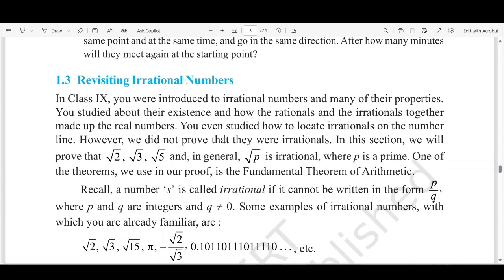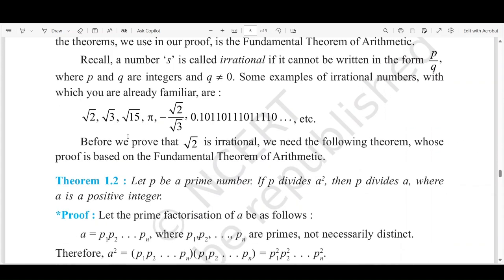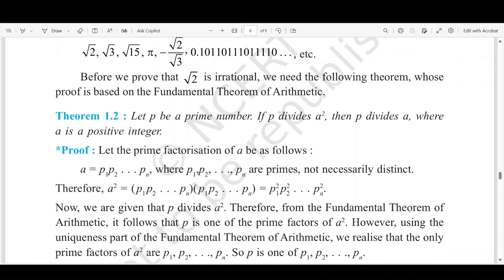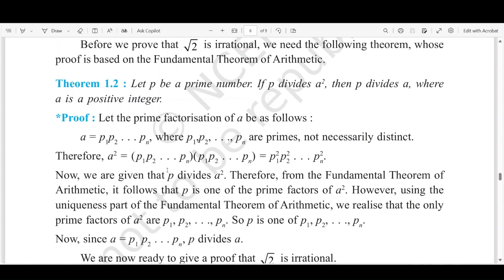Let us move on to the next section 1.3, which is nothing but irrational numbers. Already we have discussed in detail about the irrational numbers. So let us move on to the theorem 1.2, which states that let P be a prime number, if P divides A square, then P divides A, where A is a positive integer.